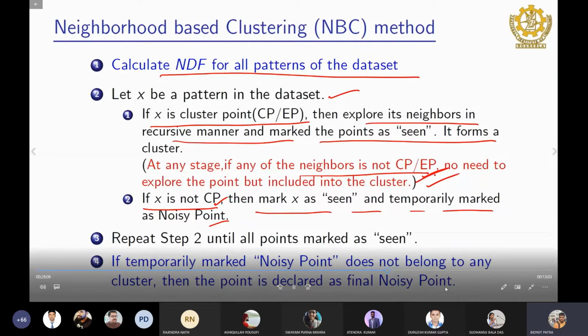This is a confirmed border point because you traverse and reach a core point, so obviously it is going to be a border point. But in this case, what happened? You started with some border point, so you are not sure whether there will be any core point or not. That is why you temporarily mark it as a noisy point and repeat this whole process.